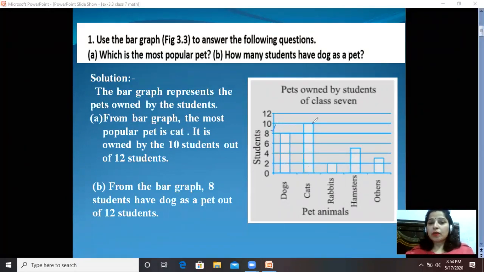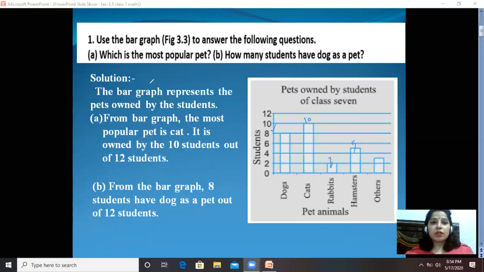If we check the cats, you can see 10 students have cats. If you see the rabbits, they are only 2, and hamsters is approximately half of it, so between 4 and 6. In the center here should be a 5, so these are 5 only. And if we talk about the others, these are 3.